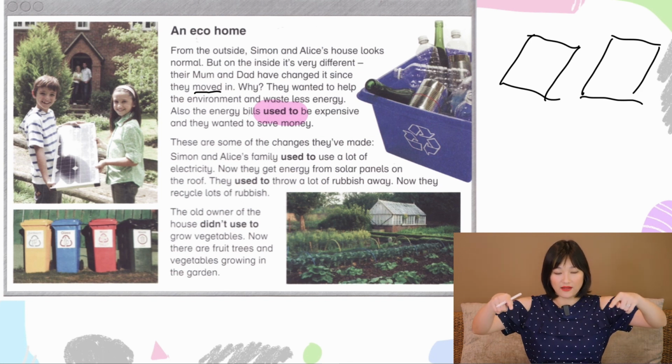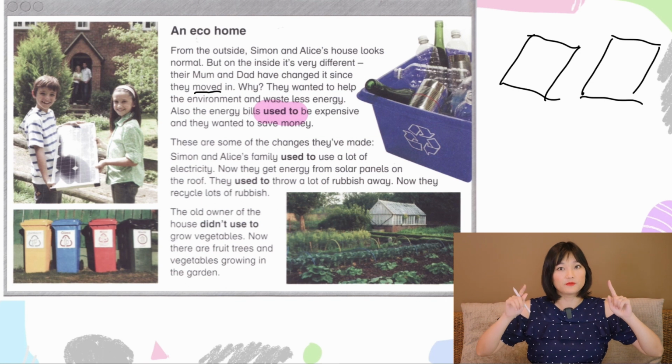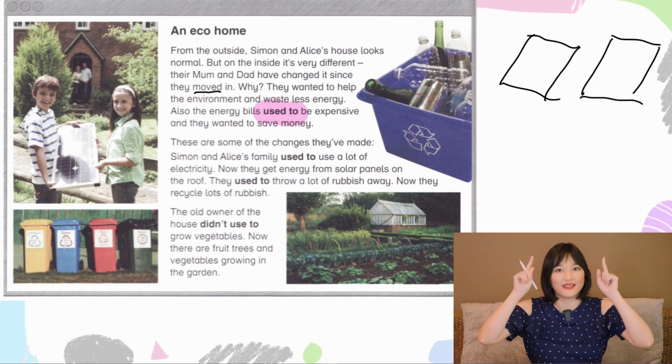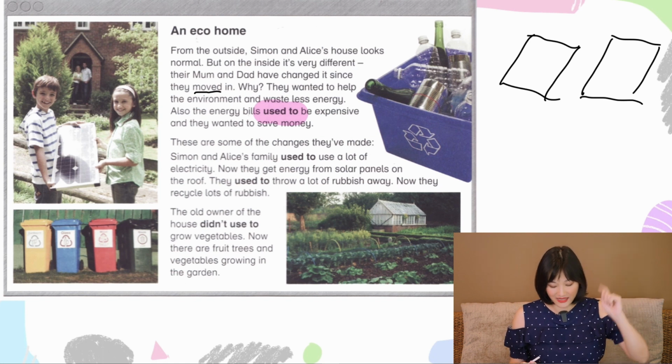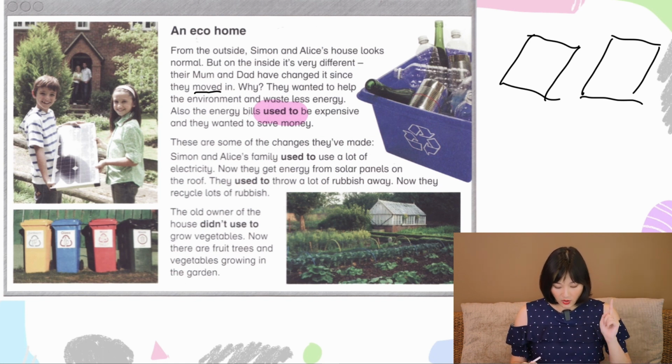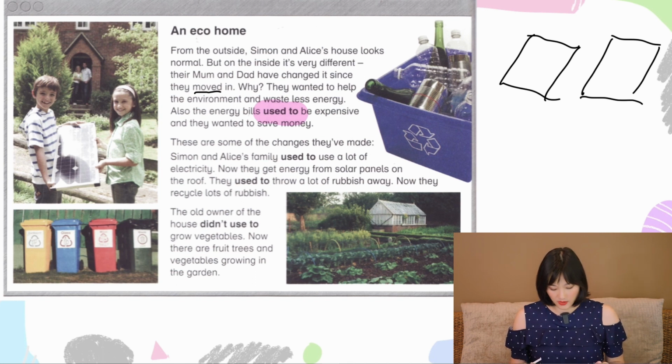So they have the panels maybe on the ground, maybe up on the roof. So they say that they get energy from the sun. Yes. And yeah, on the roof. Here it says solar panels on the roof. "They used to throw a lot of rubbish away. Now they recycle lots of rubbish."